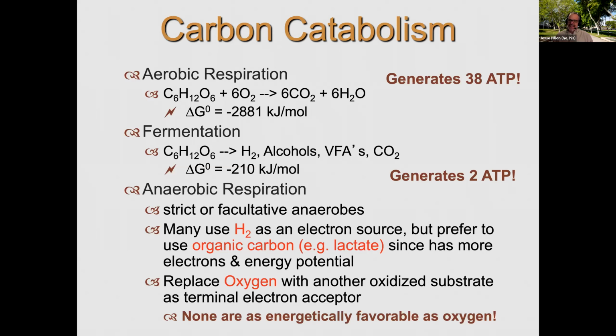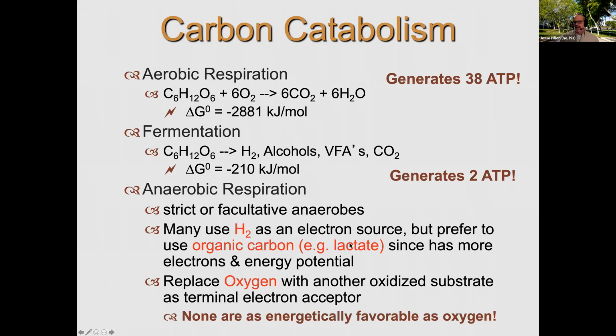So when you see an H, you should always be remembering, oh, if there's a proton, there's going to be an electron to go with it if I don't see a plus sign here, right? So hydrogen is actually a really good electron source, but you get way more electrons out of organic carbon where you have complex molecules like the glucose up here, right? Lots of electrons because there's lots of H's.